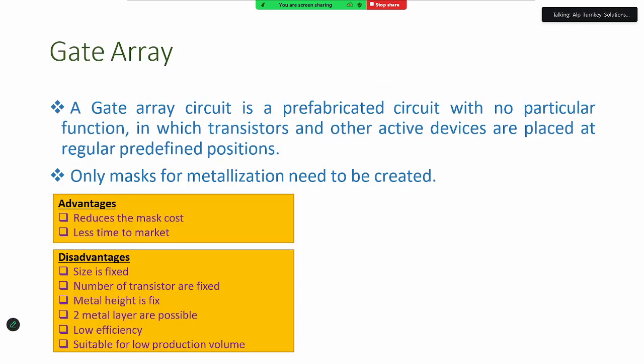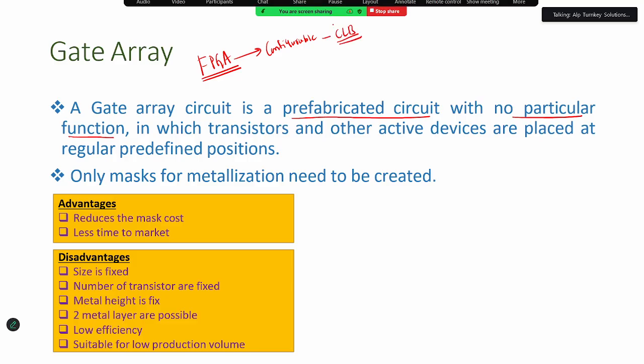Next, gate array is nothing but a prefabricated circuit with no particular function. Like suppose FPGA, field programmable gate array. FPGAs are nothing but configurable, and consist of CLBs.